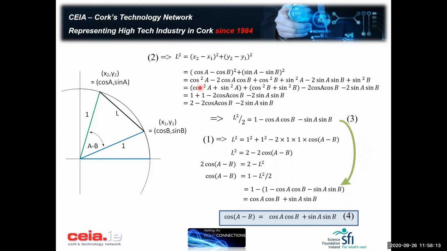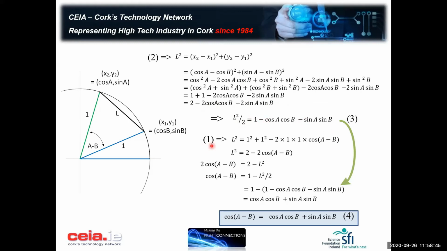So replacing this cos squared plus sine squared by a 1 and that one also by a 1, you get to this formula for L squared, 2 minus 2 cos A cos B minus 2 sine A sine B. Now it's convenient actually to work with L squared over 2, we'll see later, and then you just divide that across by 2, get a 1 there, and 1 there, and 1 there.